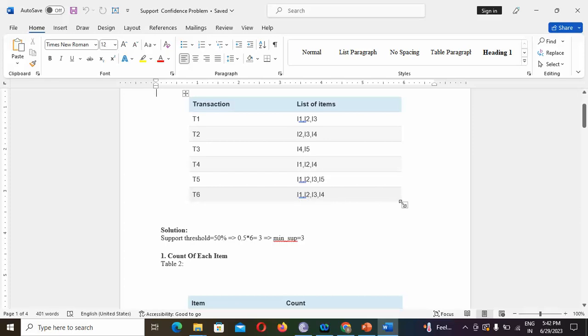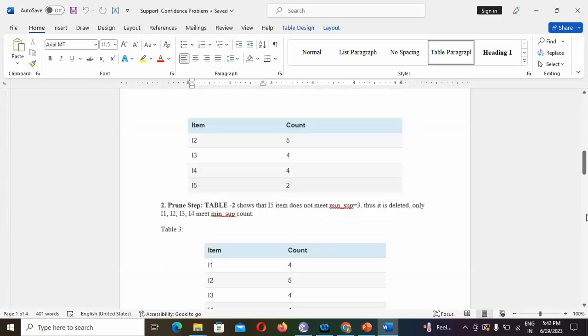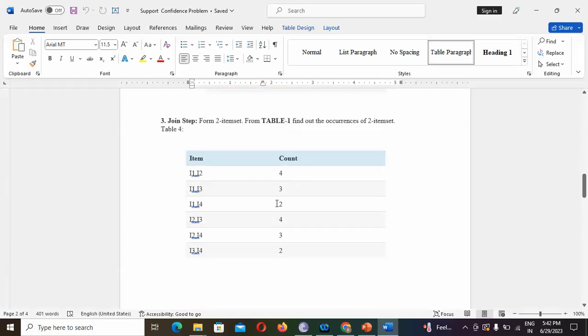Like that, for every combination we are going to count. The join step gives I1 I2 for 4 times and I1 I3 for 3 times. Similarly, I1 I4 for 2 times and I2 I3 for 4 times. Like that, the procedure will be repeated.